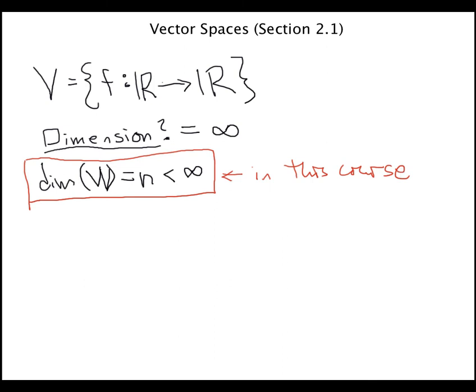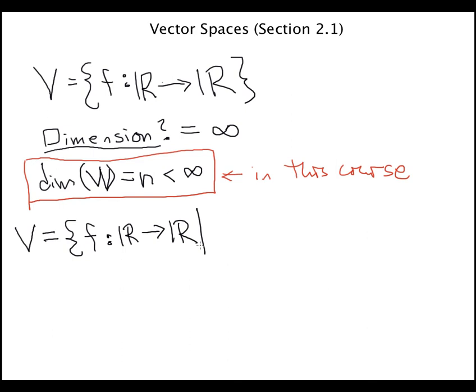Now, one thing that you could do is try and take a space of functions. Let's take V now to be the set of functions f from R to R, satisfying some property. Like what? Well, all functions from R to R, that's kind of crazy.